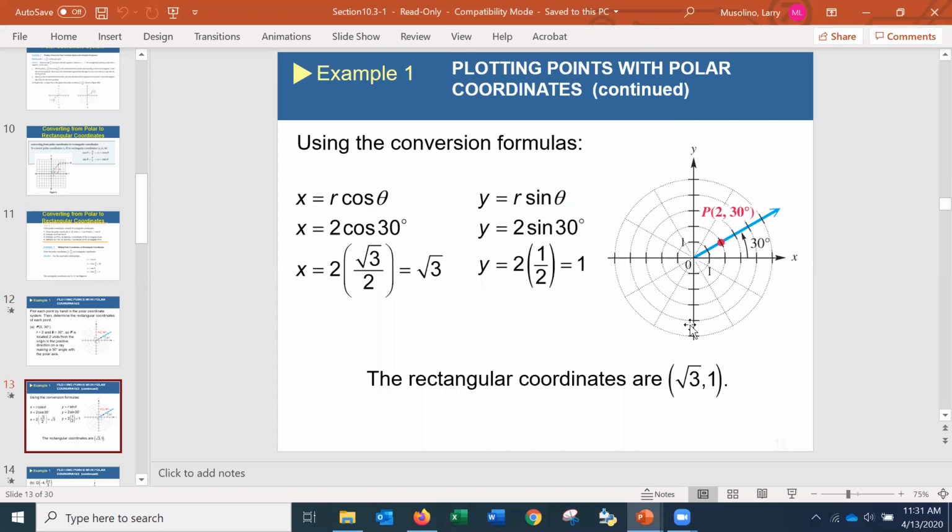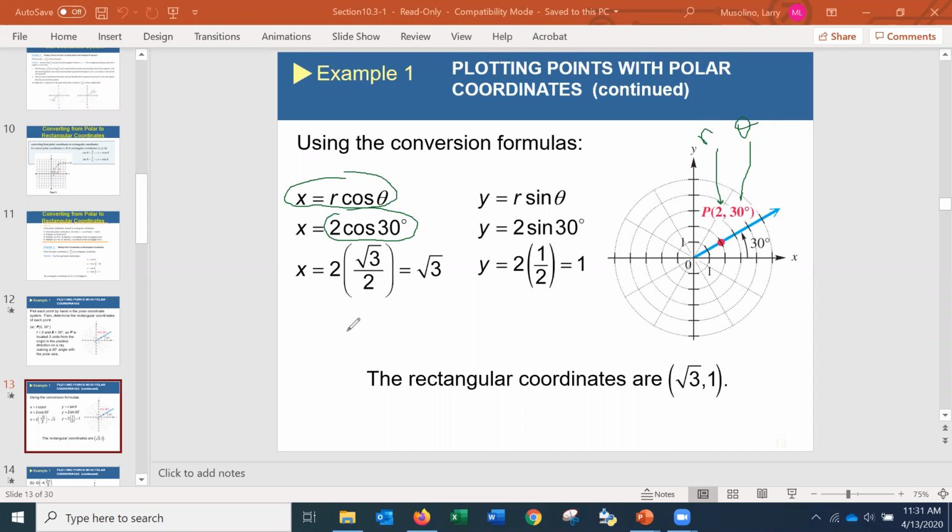If I want to know the x value, all I have to do is work out r cosine theta. Remember, our polar point here was r equal 2 and theta equal 30 degrees. So this is going to be 2 times cosine 30. Go to the unit circle.